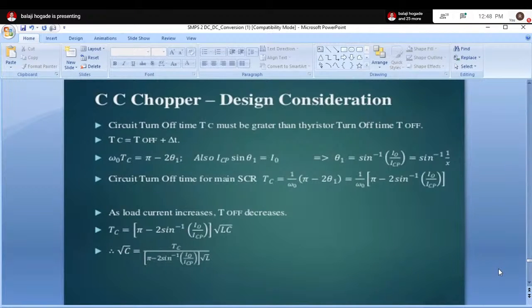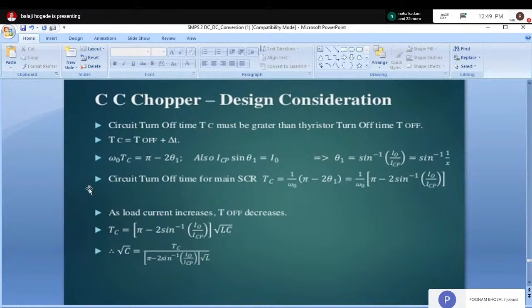TC is equal to T off plus delta T. Circuit turn off time is equal to the SCR turn off time plus a small duration, that is delta T. Means TC should be greater than T off by some fraction or some time.